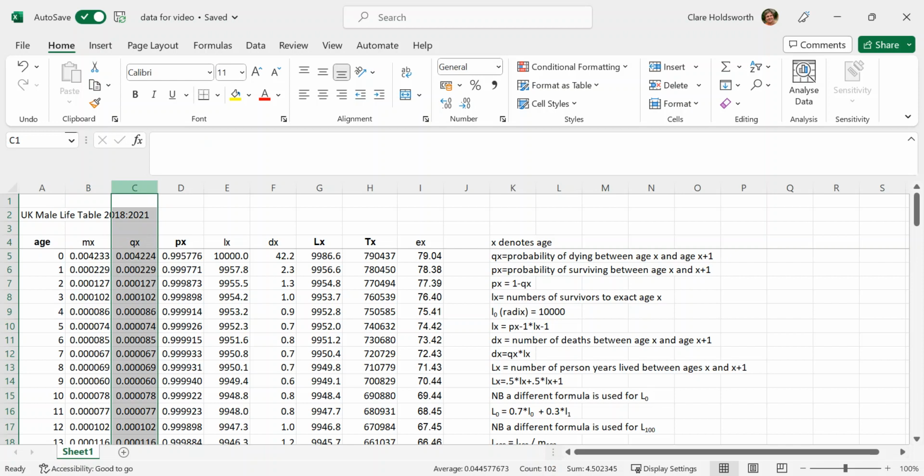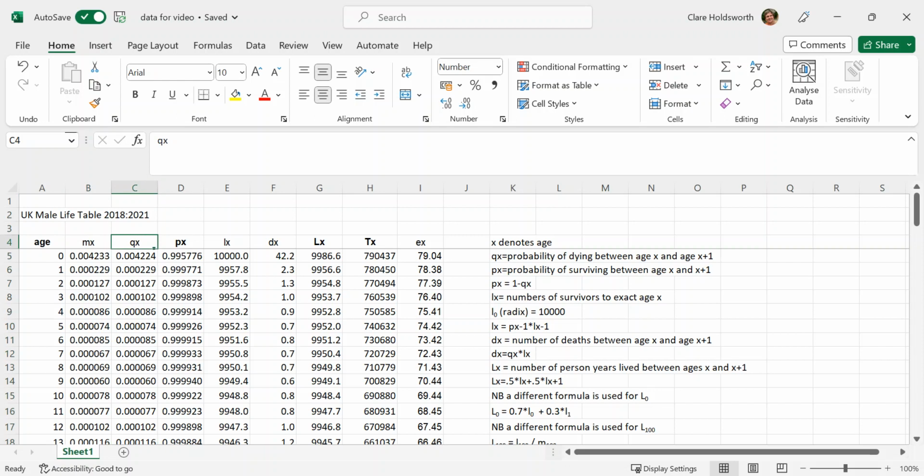The third column is the qx, and this is the probability of dying between age x and age x plus 1. You might think, what's the difference between the age-specific death rate, Mx, and the probability of dying, qx?